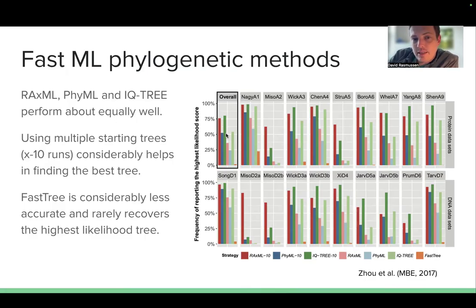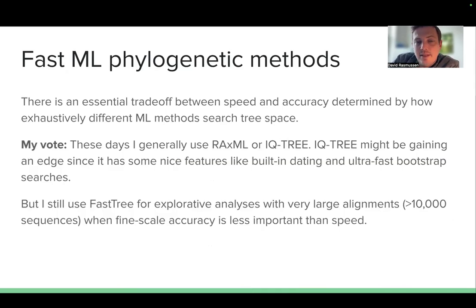And you can see that starting from different initial trees really helps the algorithm. All three of these algorithms more often find the best trees with the highest maximum likelihood. So it does seem like there is really a benefit to be gained from doing multiple independent searches, starting from independent initial trees with these maximum likelihood methods.